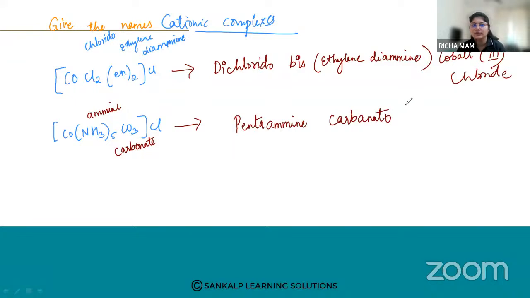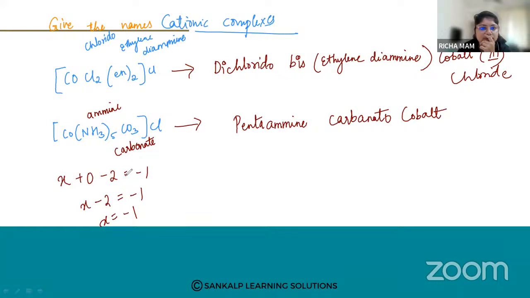Okay, carbonato. Then cobalt. Let us see the charge. X plus 0 minus 2 equals minus 1. So X is equal to minus 2 minus 1. CO3 is minus 2 and this is minus 1.